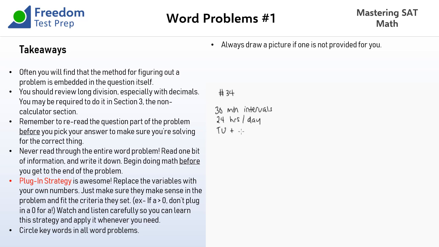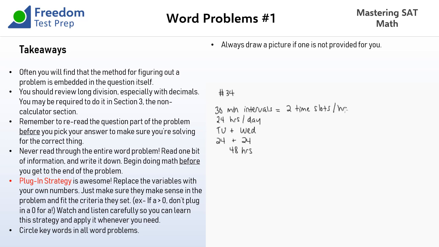So we want Tuesday and Wednesday. It's going 24 hours a day. So Tuesday is going to be 24 hours and Wednesday is going to be 24 hours. So we have a total of 48 hours. However, this 30-minute intervals means that in 60 minutes or 1 hour, we have 2 time slots.